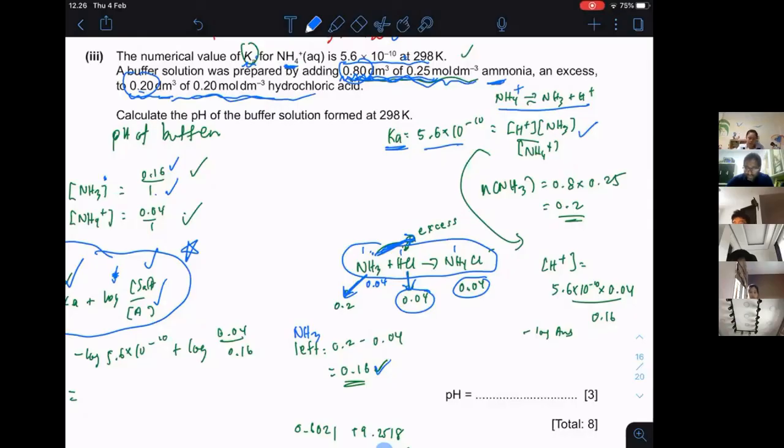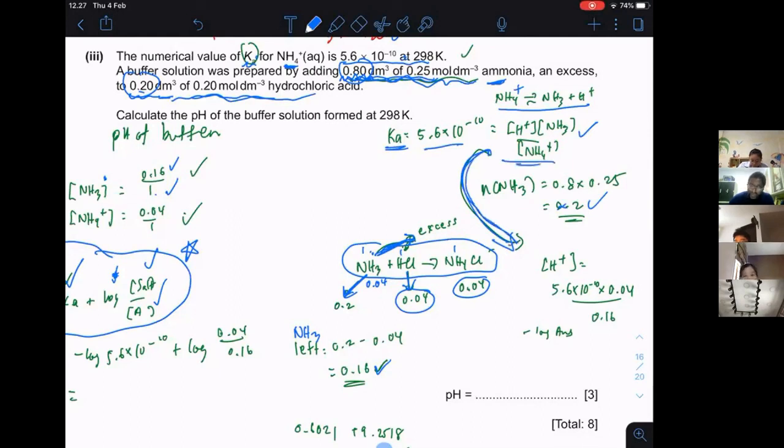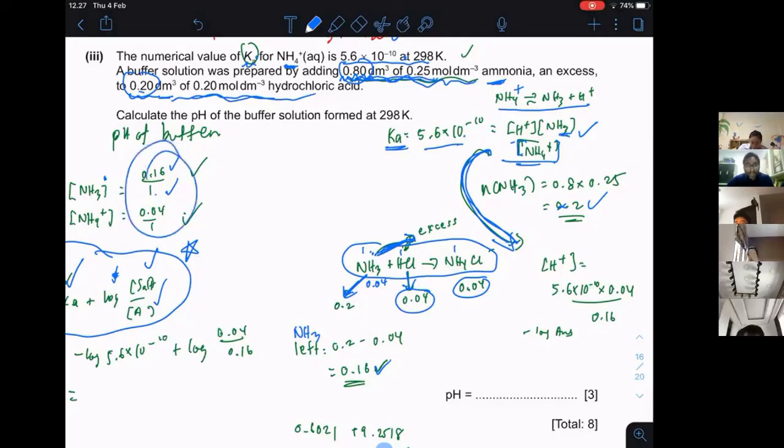What I know over here is the number of moles. The number of moles of ammonia I think we already calculated earlier. If you want to find the H+, using this equation it's simple: the concentration of ammonium times this, divided by the concentration of ammonia, which we already have here.